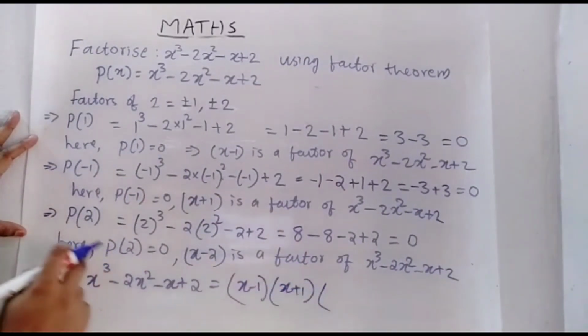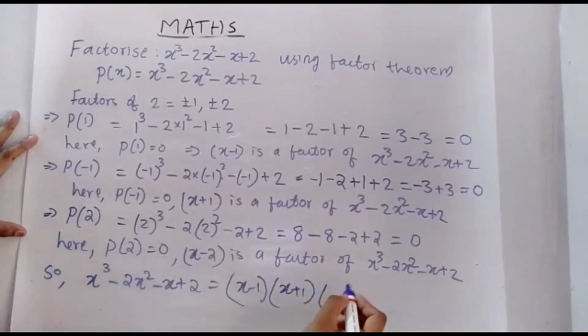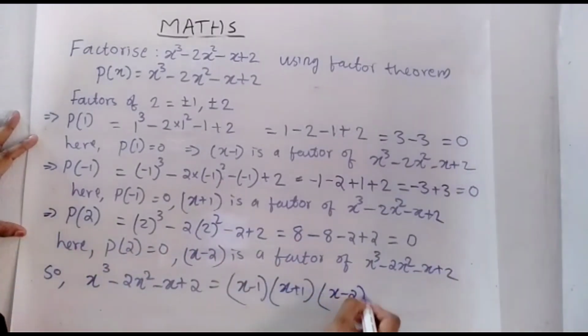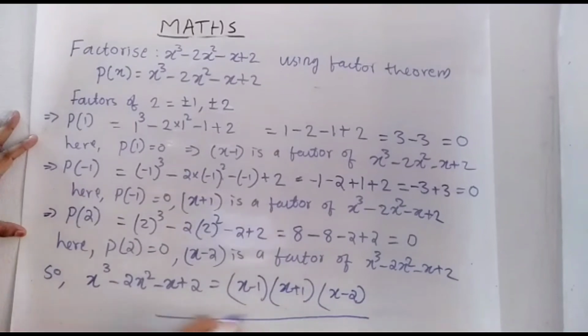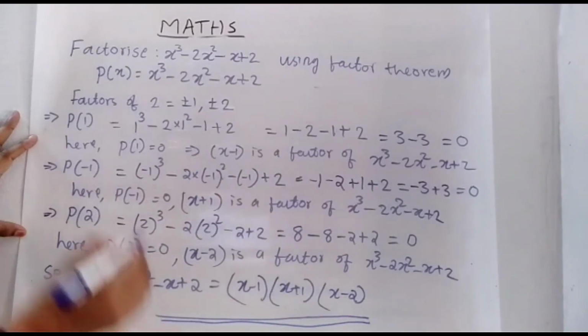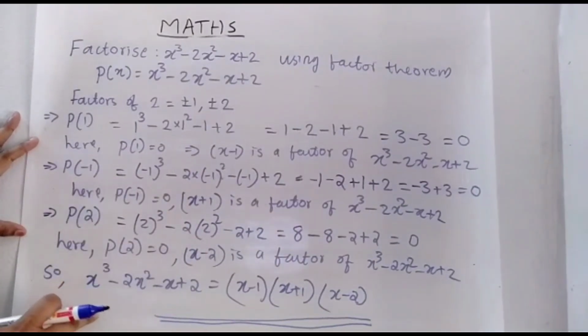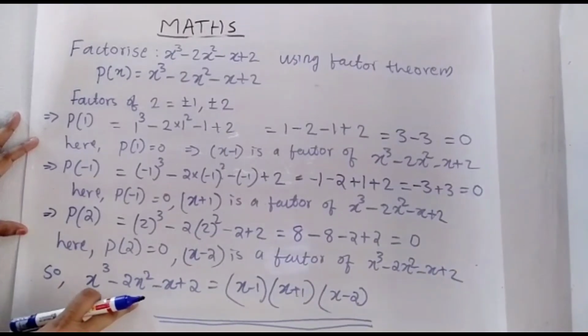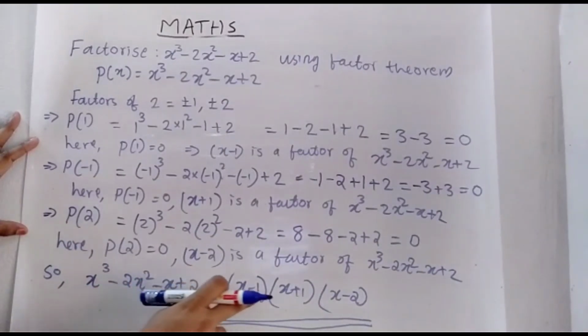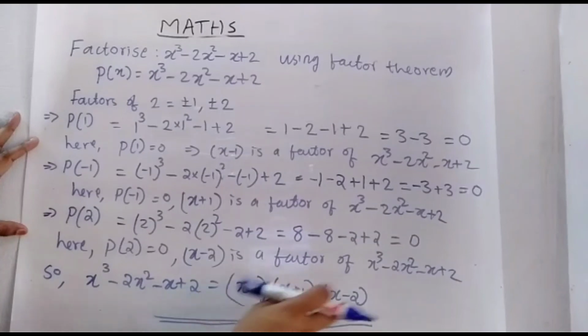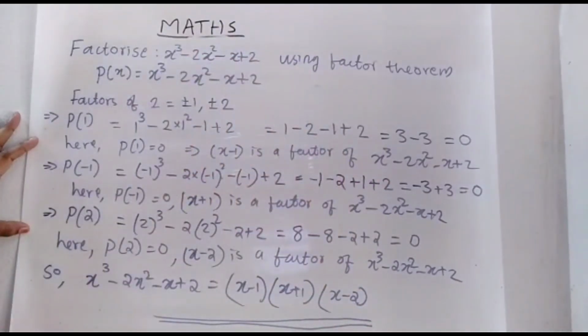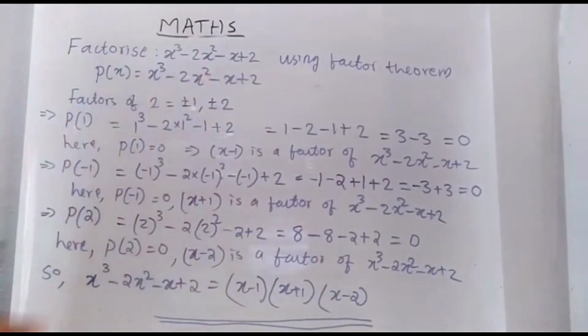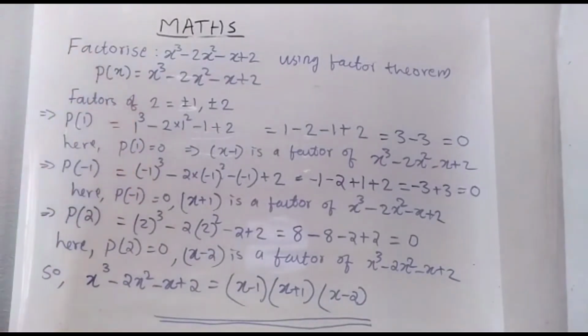Then p of 2 is equal to 0, so x minus 2 is also a factor. So we factorized this cubic polynomial x cube minus 2x square minus x plus 2 as x minus 1 into x plus 1 into x minus 2. Clear? I hope you all have understood these two problems.